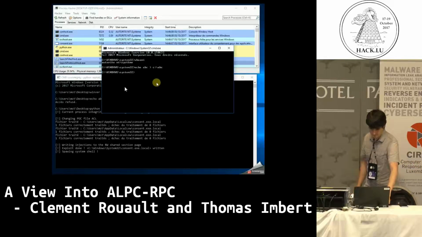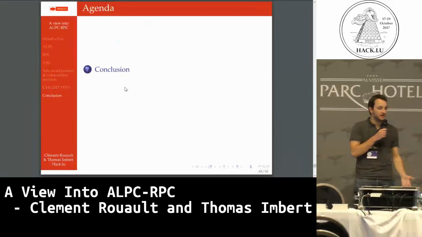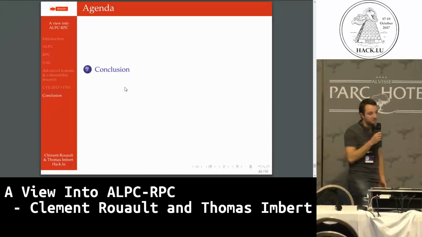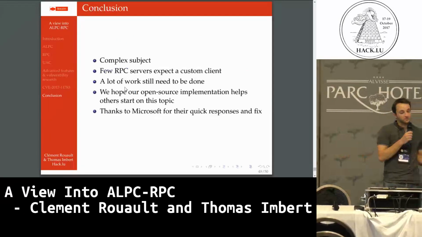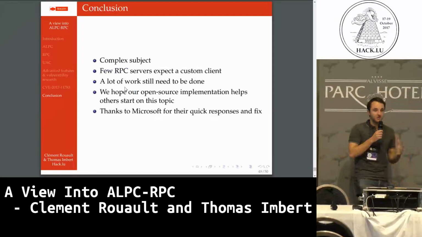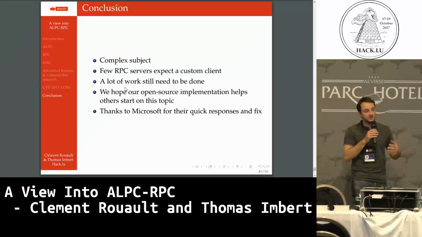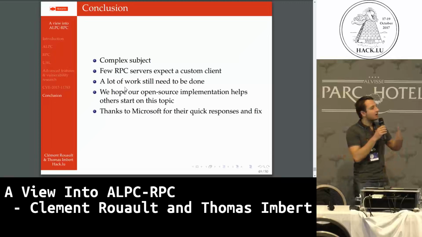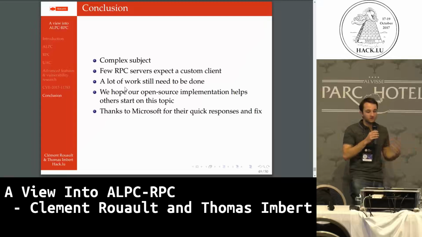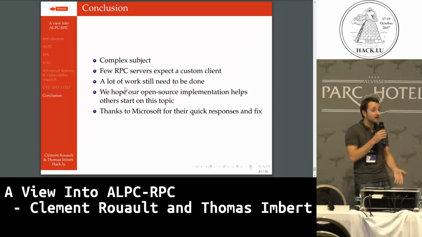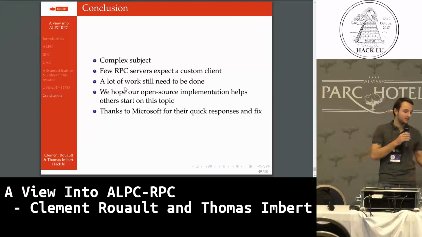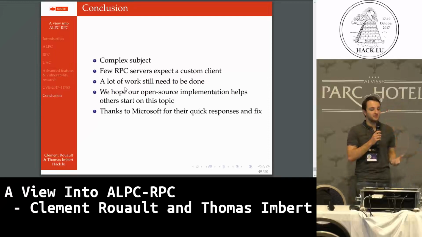Okay, so we were able to gain system privilege from a low integrity process, which is, I guess, pretty cool. But to conclude, what we want to say about this subject, ALPC and RPC, is that it's a complex subject. We have maybe 3 months of work on it, and a lot of the work was just looking at dump files and binary dumps and trying to guess what this byte is, what this word is, and so on. But there is really an interest because few RPC servers expect a custom client.